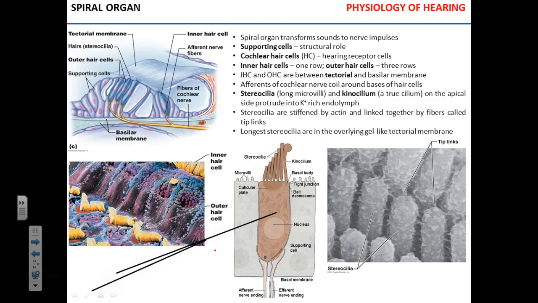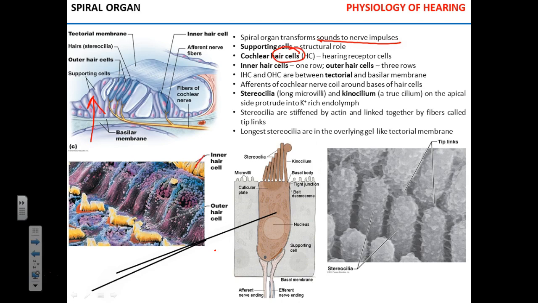So what is the function of the spiral organ? Spiral organ transforms the vibration into the nerve impulse. Structurally, it contains supporting cells, which, as the name suggests, support, and hair cells.